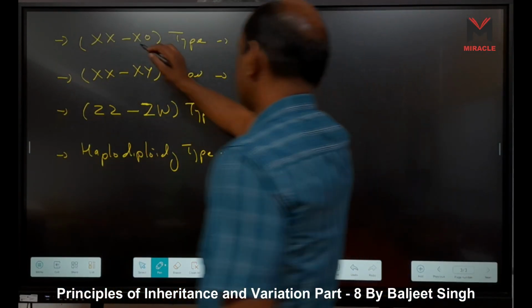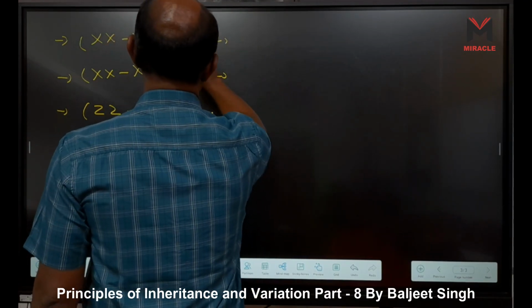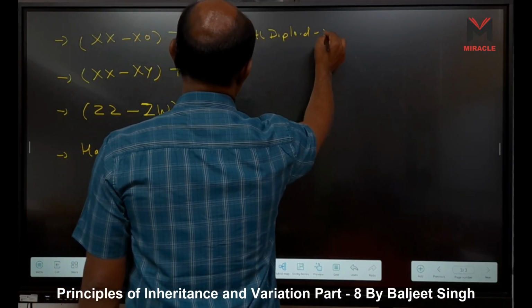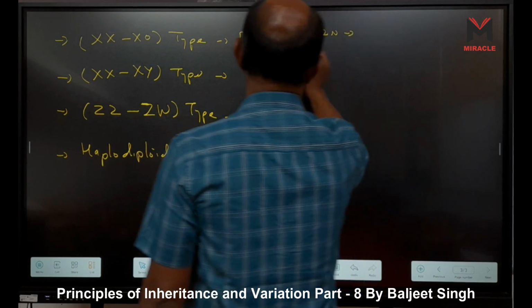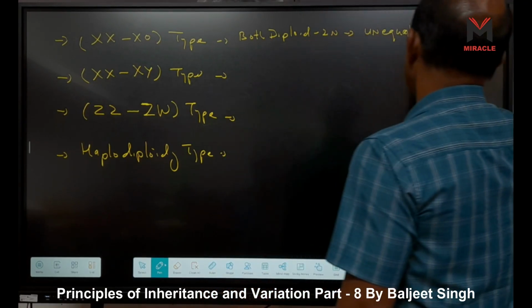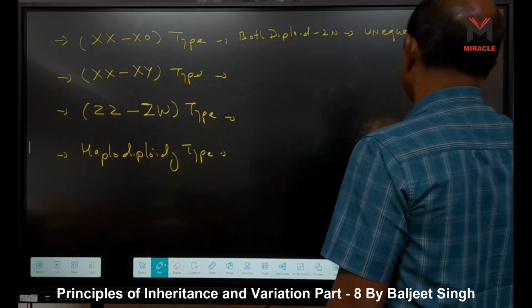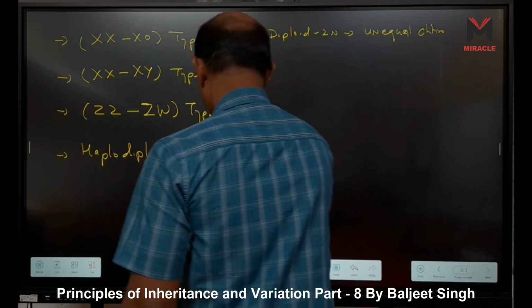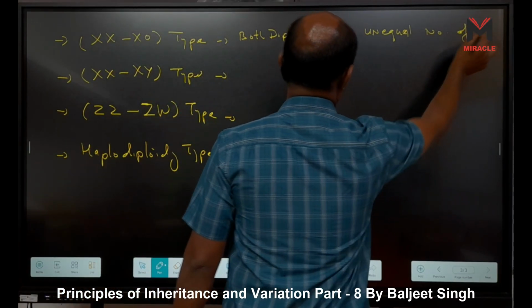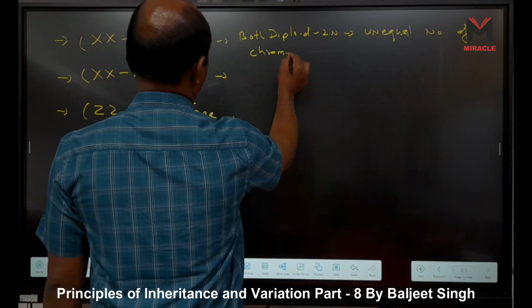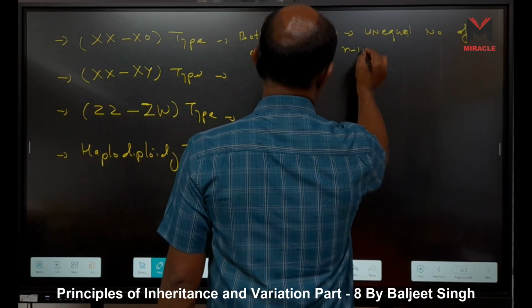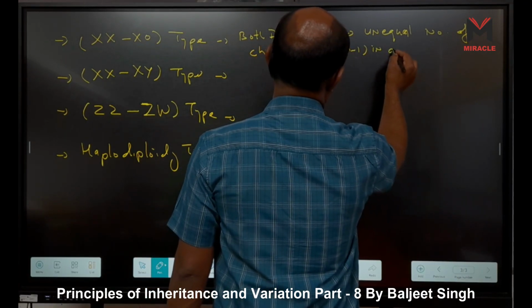XX and XO type means here both are diploid, 2n, but the number of chromosomes is unequal. Unequal chromosome number, n-1 in male.